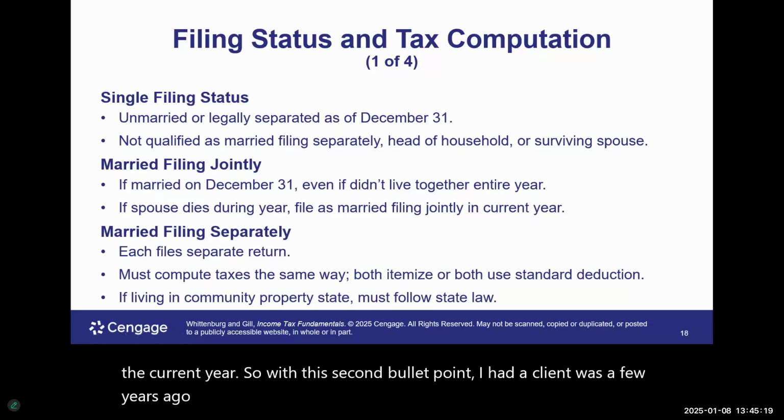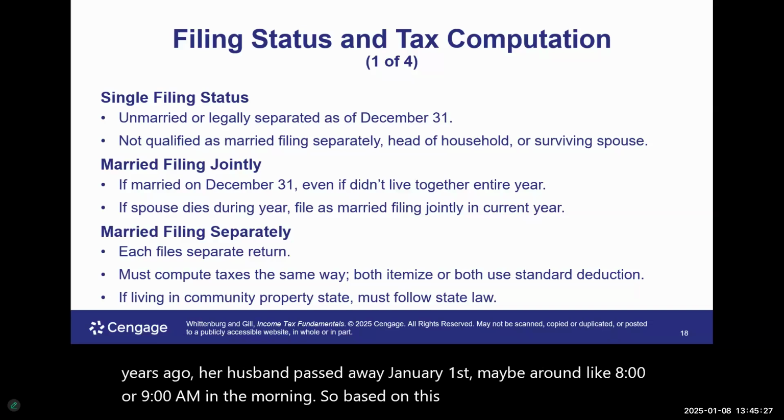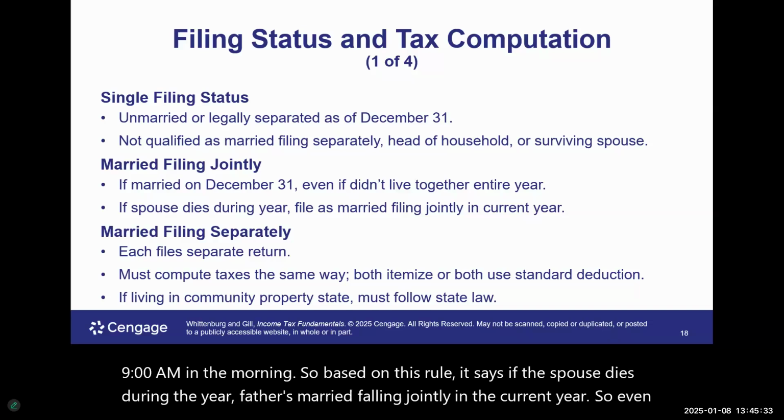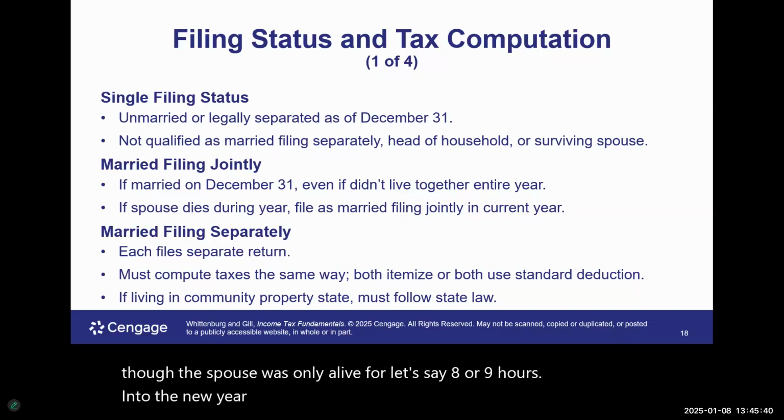Her husband passed away January 1st, maybe around 8 or 9 a.m. in the morning. So based on this rule, if the spouse dies during the year, file as married filing jointly in the current year. So even though the spouse was only alive for, let's say, 8 or 9 hours into the new year, that taxpayer was able to file their tax return as married filing jointly.